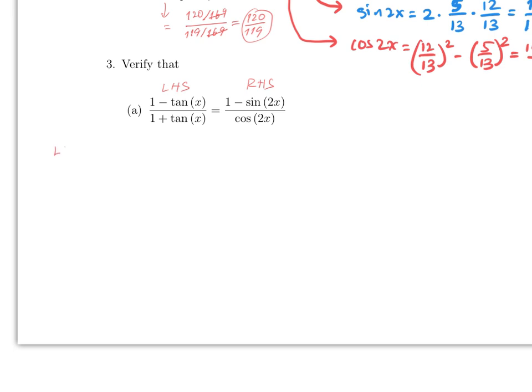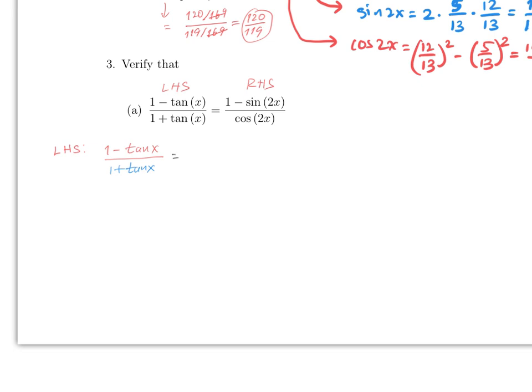So let's start on the left hand side and show that it's equal to the right hand side. You have 1 minus tangent x over 1 plus tangent x. Actually, it may be easier to go from the right to the left, but let's go from the left.